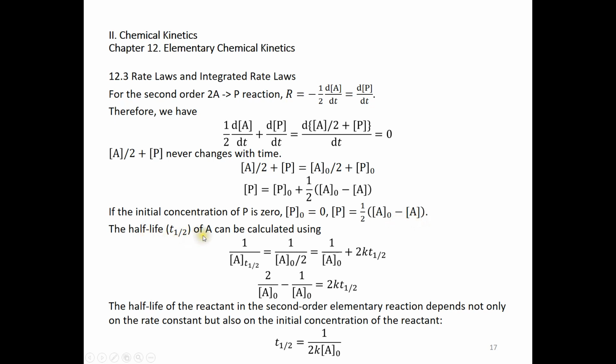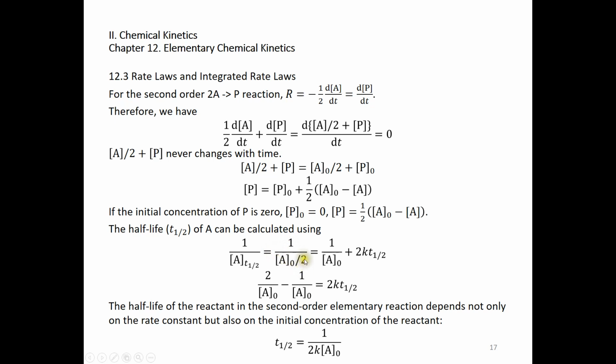The half-life of A can be calculated easily using this equation from the integrated rate law. We just need to use the equation for the time right at the half-life of A. Therefore 1 over the concentration of A at half-life is 1 over A naught over 2.